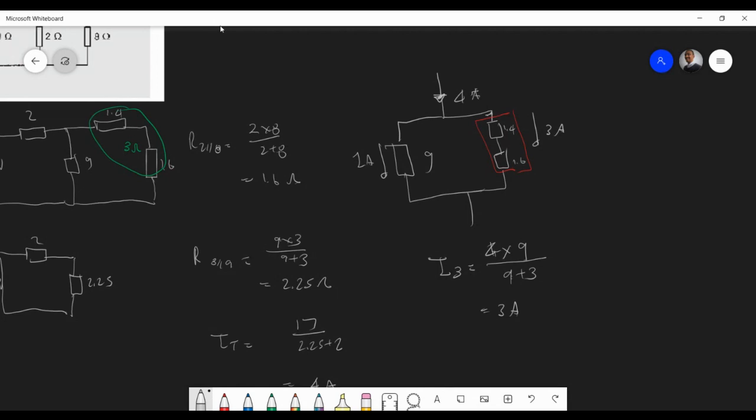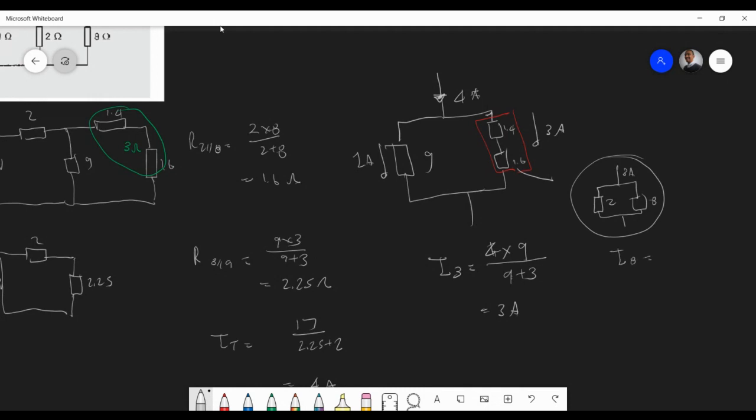Right? Now, at the 1.6, I'm basically reopening. I'm zooming in further. That's also in parallel, but it was the 2 and the 8. And then we do exactly the same thing.